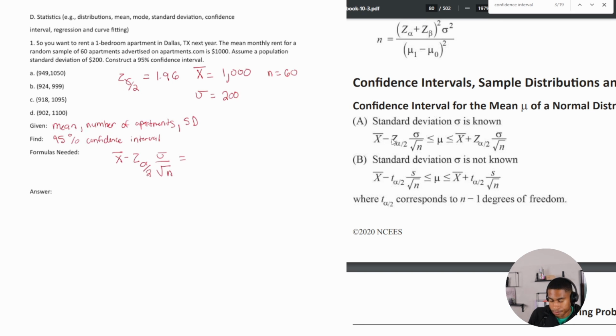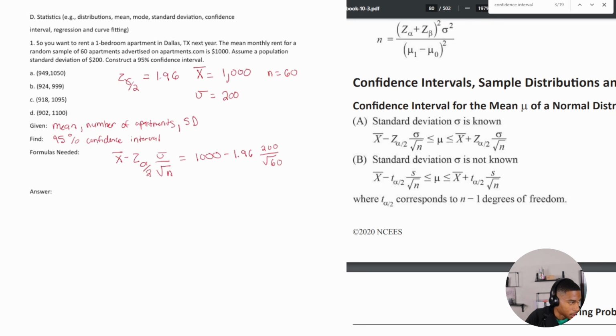So we're saying our mean, which is 1,000, minus 1.96 times 200 divided by the square root of 60.